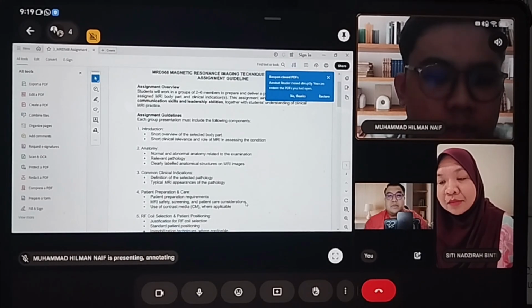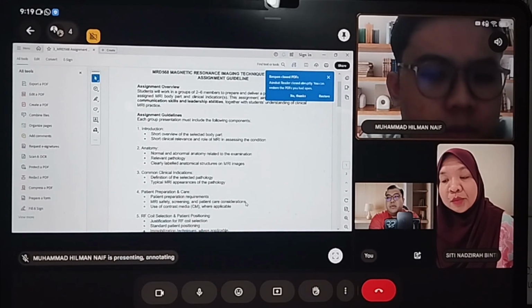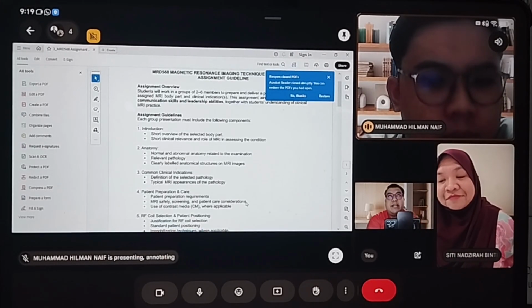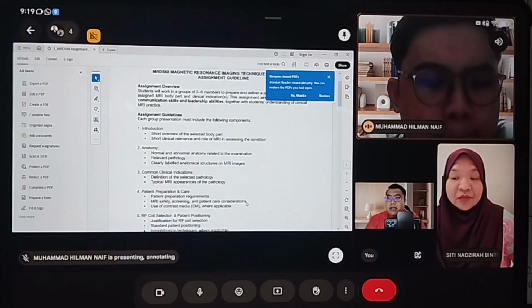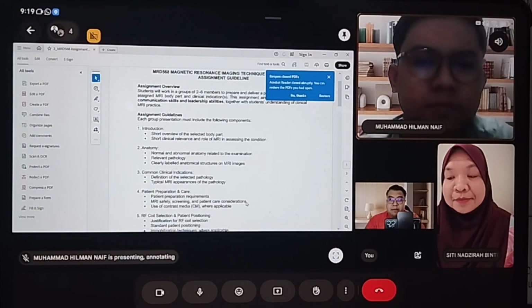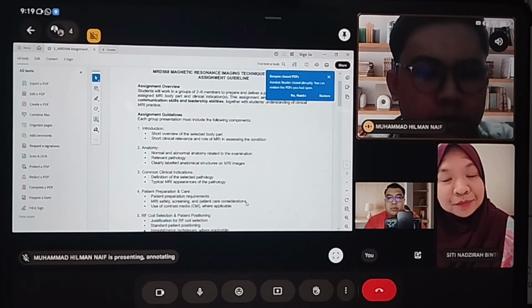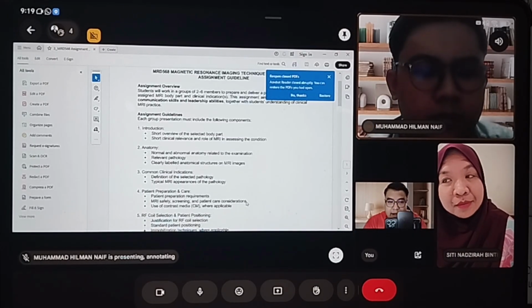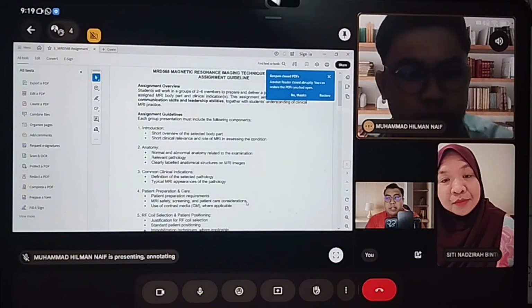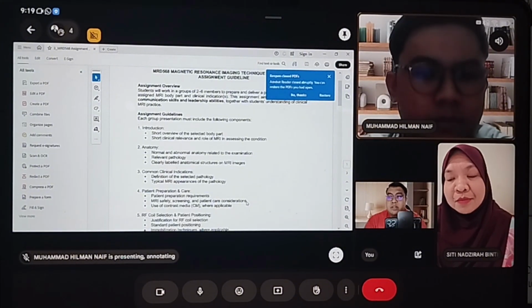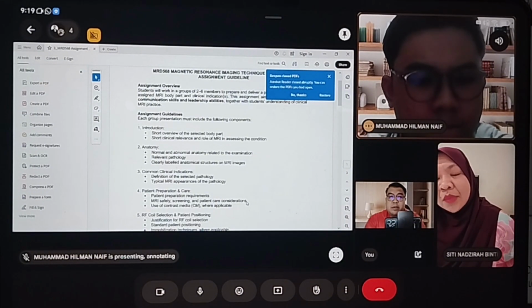Yeah, this sounds good. I think Nazira, maybe you can handle the clinical indication and the patient preparation, which involves patient care and safety. Maybe you can go through the ACR guidelines for the patient preparation and also the contrast administration. Nazira, you okay with it?